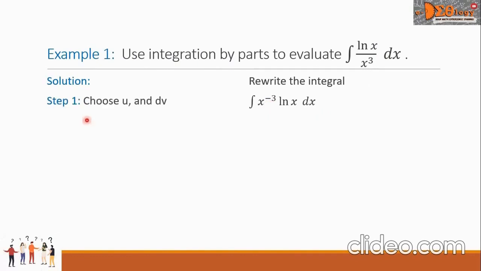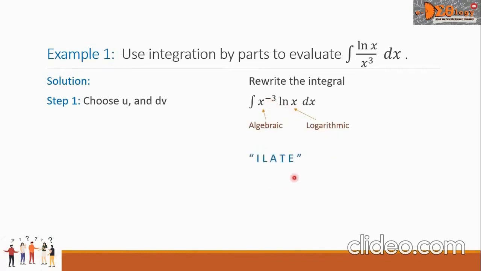Now step 1 is, let us choose the function u and the function dv. Let us identify the category of our functions here. We say that x raised to negative 3 is algebraic, while the ln of x is logarithmic.